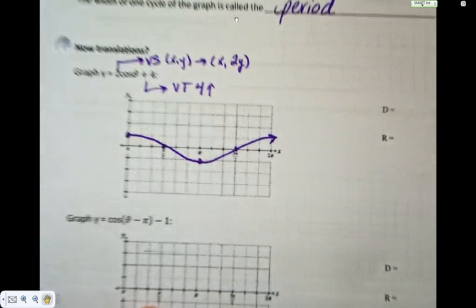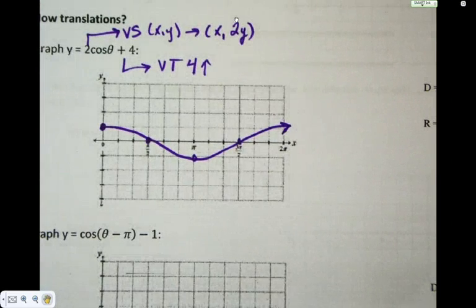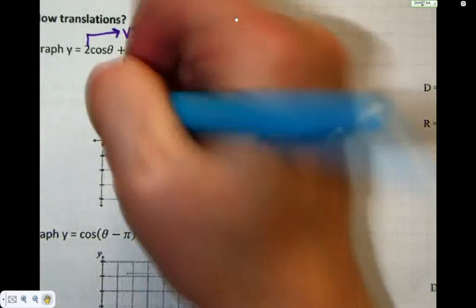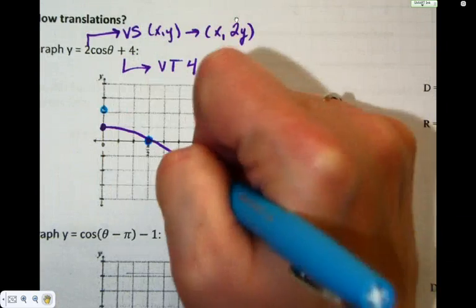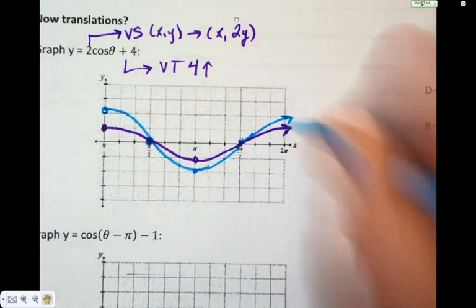I can zoom. Here is the vertical stretch.